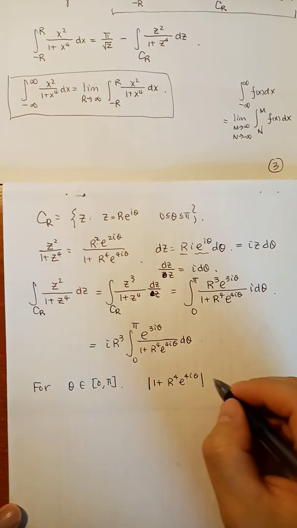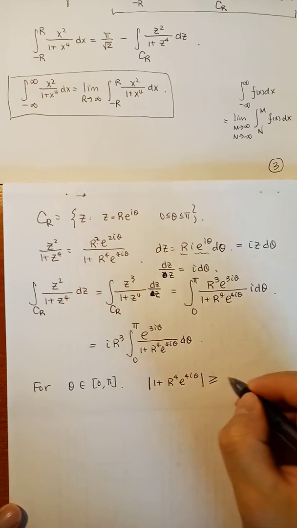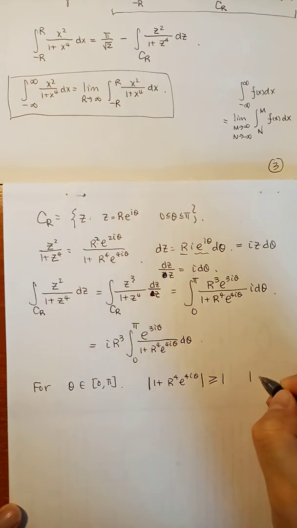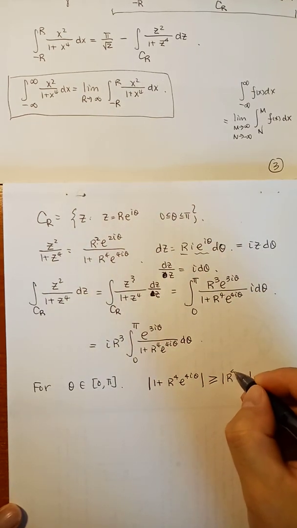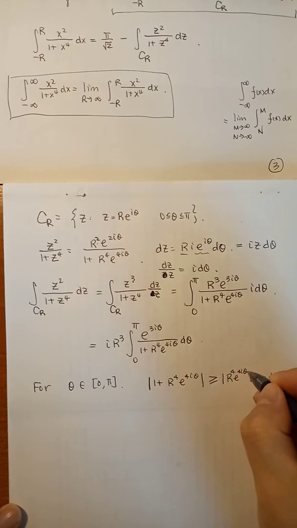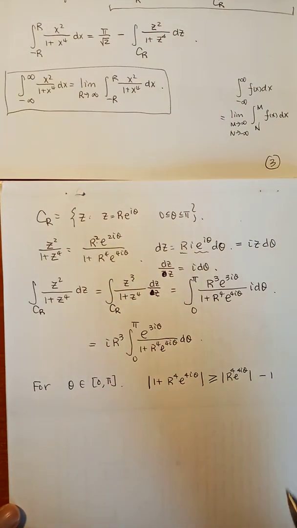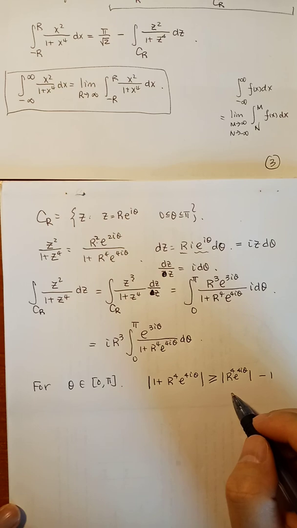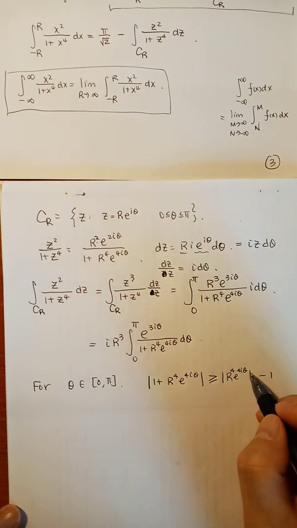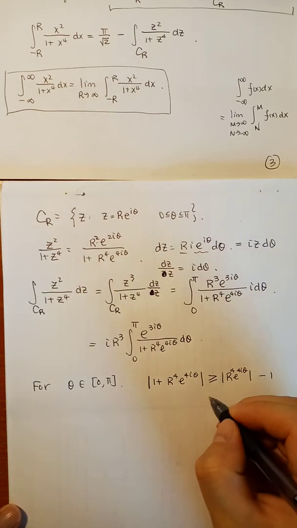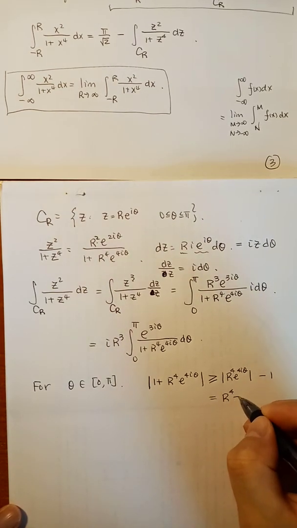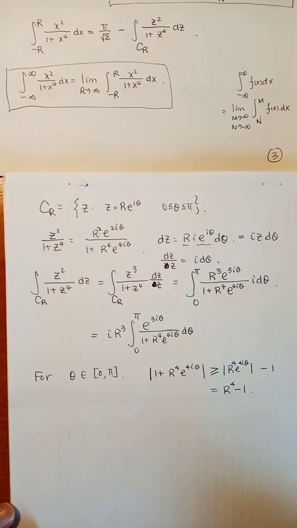Let's use the triangle inequality: it is greater than or equal to the second number minus the first number. The absolute value of e^{4i theta} is 1, so it's at least R to the 4 minus 1.